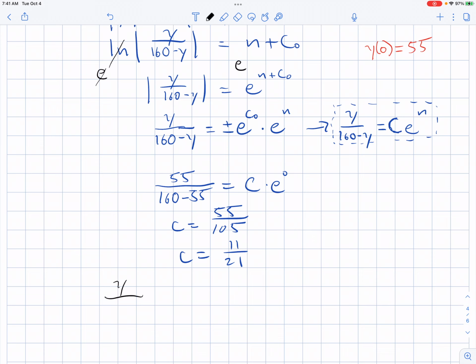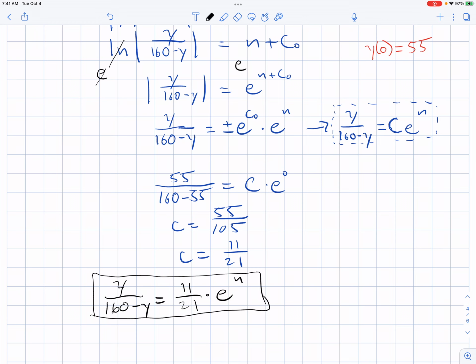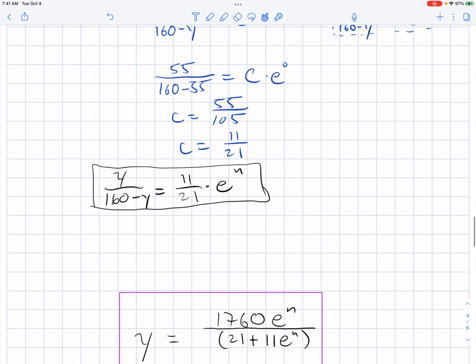So what is nice about that now is our equation can just be written in terms of y over 160 minus y being equal to 11/21 times e to the n. I'm only boxing this because we still have more to do.